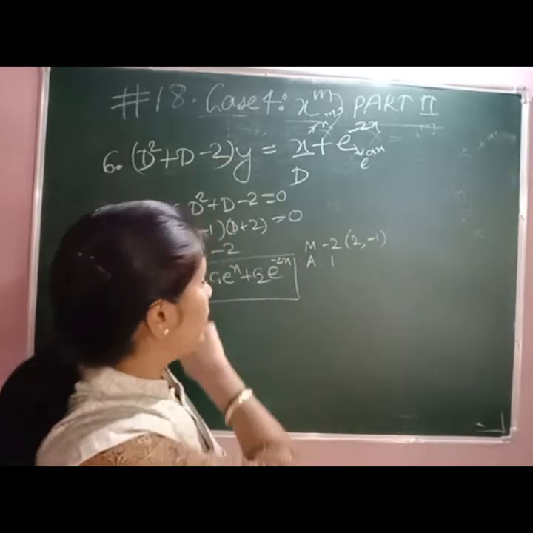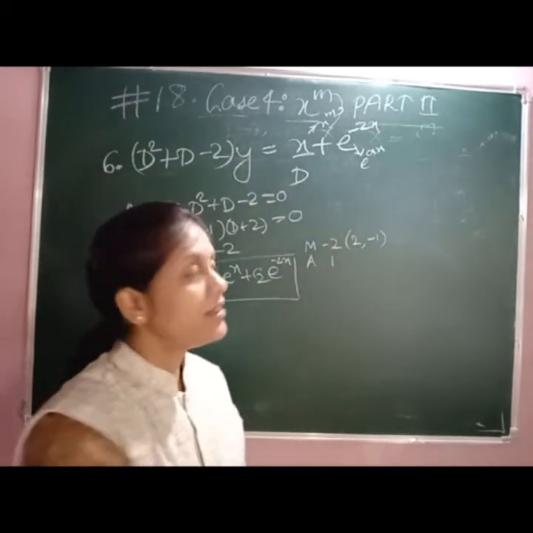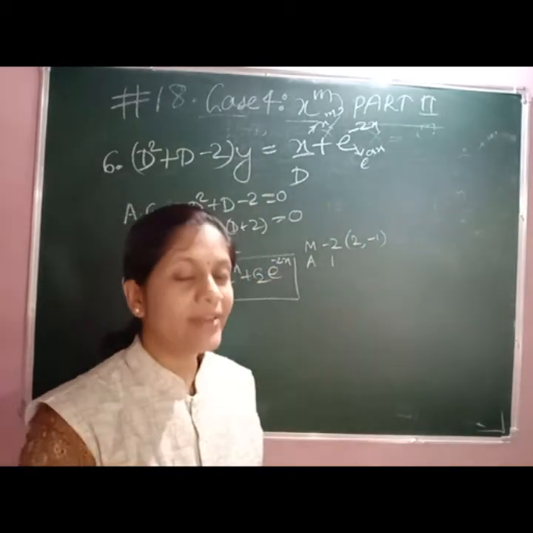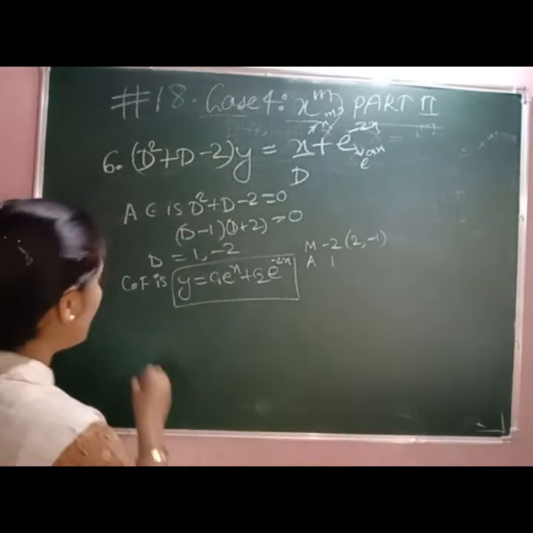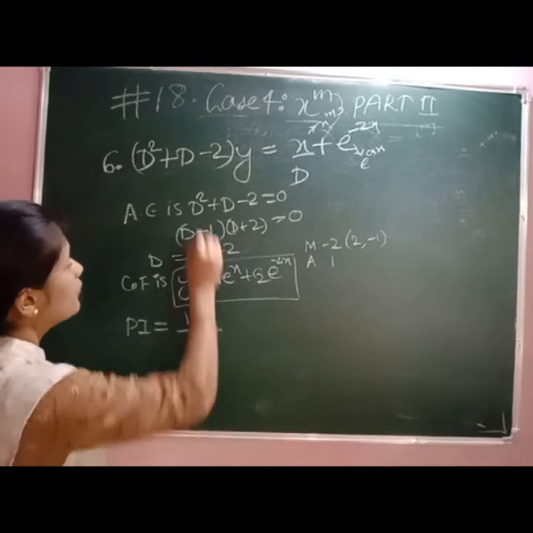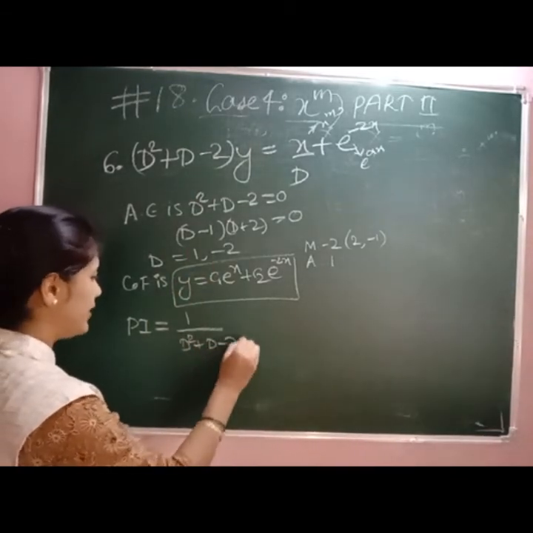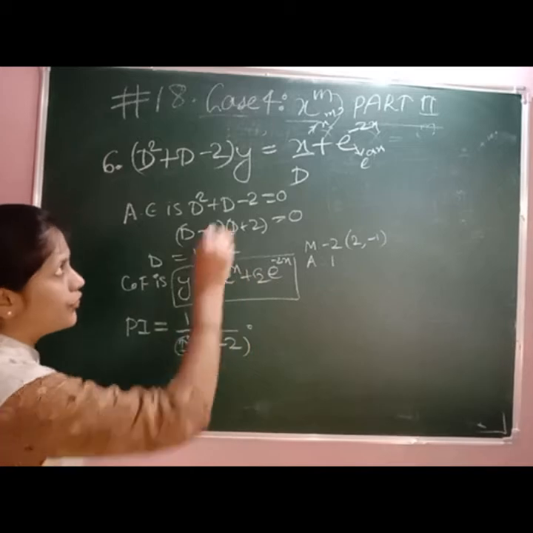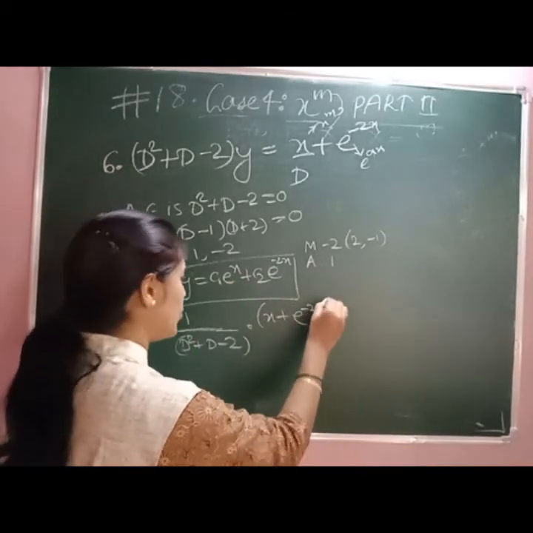Now let us find PI. Either you can do it in the straight way, or we can consider this as the first part and that as the second part, and further add both. So PI is 1 upon f(D), that is D² + D − 2, of x + e^(−2x).